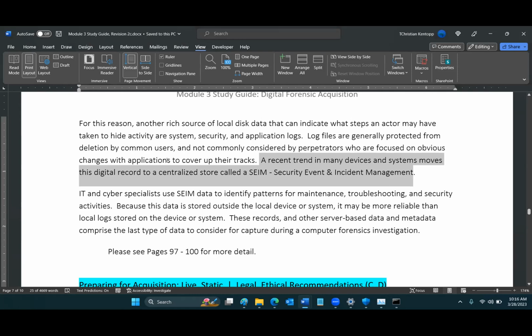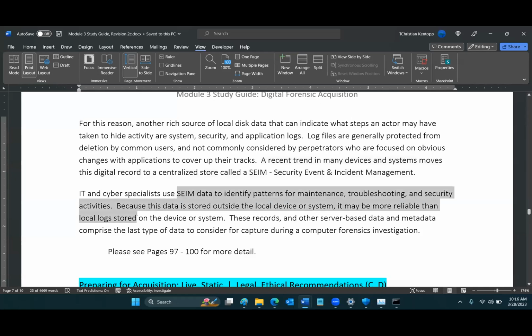This may be a godsend in scenarios like this, where you need to do some spelunking and you use SIEM data to identify patterns for maintenance, troubleshooting, and security activities. Because the data is stored outside the local device or system, it may be more reliable than local logs stored on a compromised device or system. Does everybody understand what we're saying here?